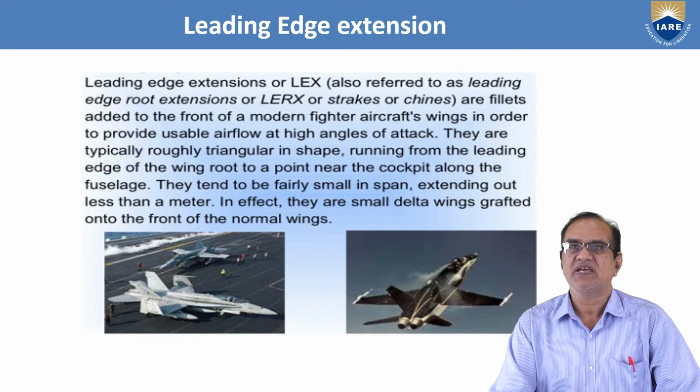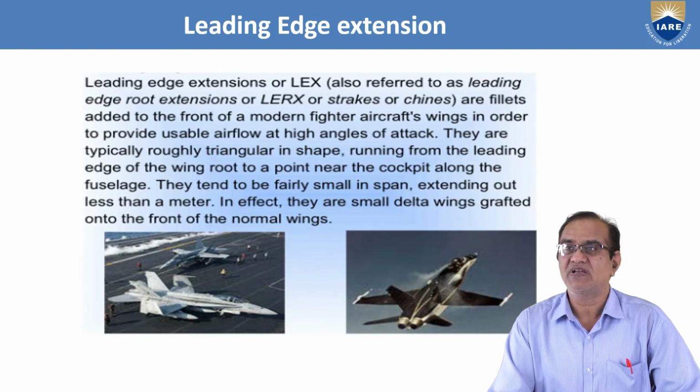They are typically roughly triangular in shape, running from the leading edge of the wing root to a point near the cockpit along the fuselage. They tend to be fairly small in span, extending out less than a meter. In effect, they are a small delta wing grafted onto the front of the normal wing.